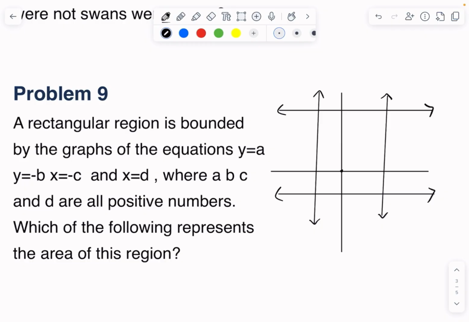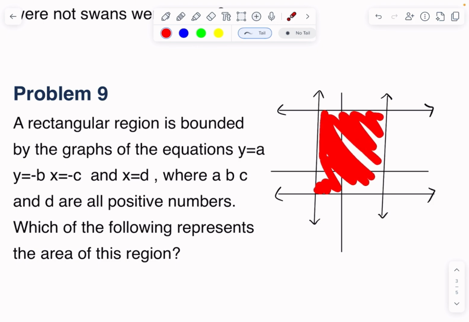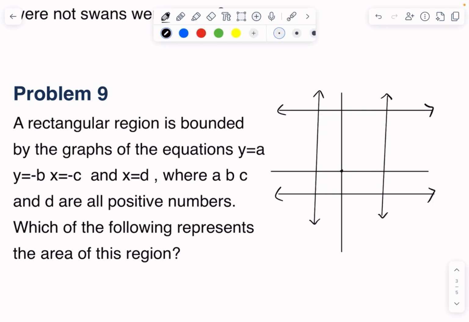We want to find the area of the region that it covers. So it's like this region. We know that the height above is a and the height below is b. So the length is going to be a + b, because this is a away from 0, and this is b away from 0.